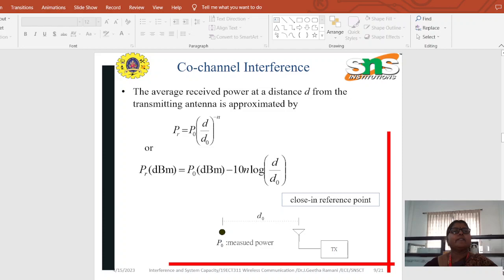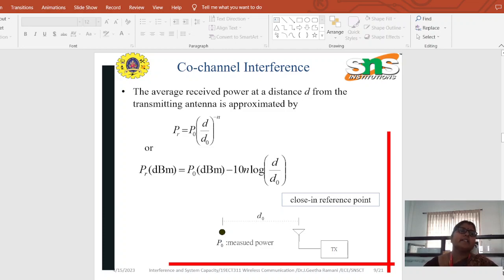So the average received power Pr is calculated as P0 into d by d0 the whole power minus n. When you write this equation in decibels, we can write it as Pr, that is the received power measured in dBm, which is equal to P0 in dBm, where Pr is the received power and P0 is the close-in reference power, measured at the close-in reference distance, that is, the nearest point from your receiver.